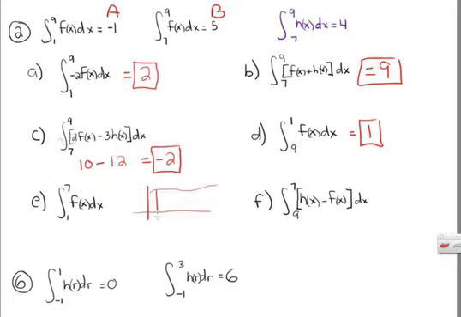Okay, so from 1 to 9, I know that whole area is what I'm calling A. And from 7 to 9, I'm going to call that B. And so this question says, what is it from 1 to 7? And once we set it up this way, we can clearly see the answer would be the total, which I labeled as A, minus B. So A is negative 1, B is 5, so I have negative 1 minus 5, which makes negative 6.